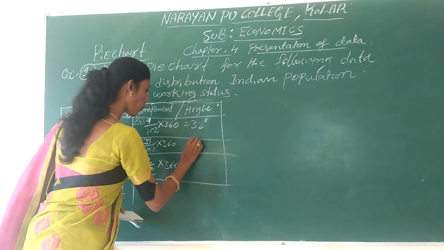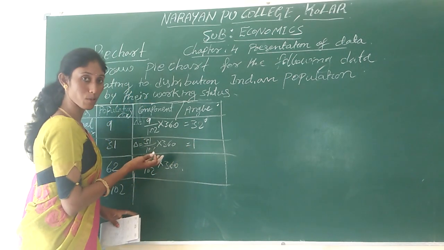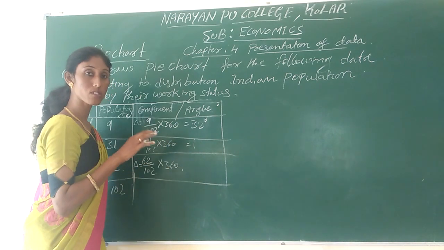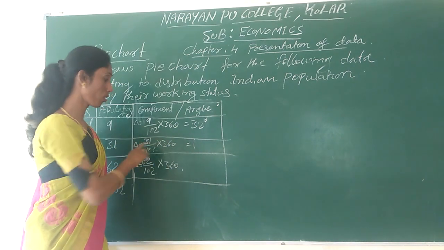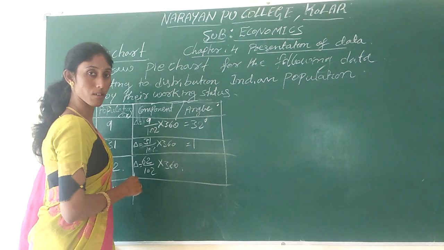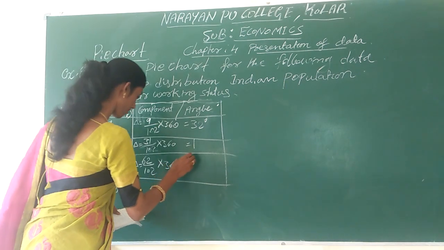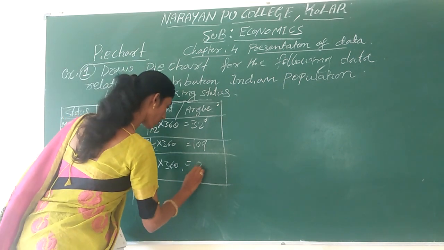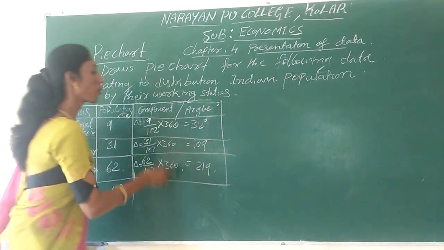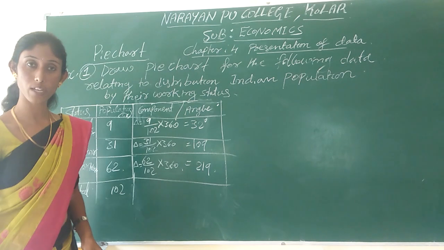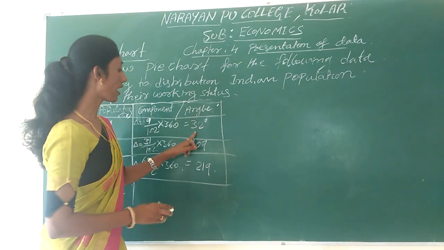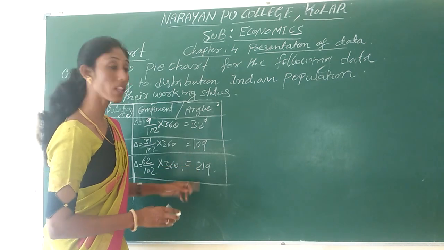Next, here I don't have a percentage pointer, that's why I am doing it this way, but use a calculator or solve this formula on your own. Here, 109, next 290. To find out whether your calculation is right or wrong, add the sizes of all the angles.